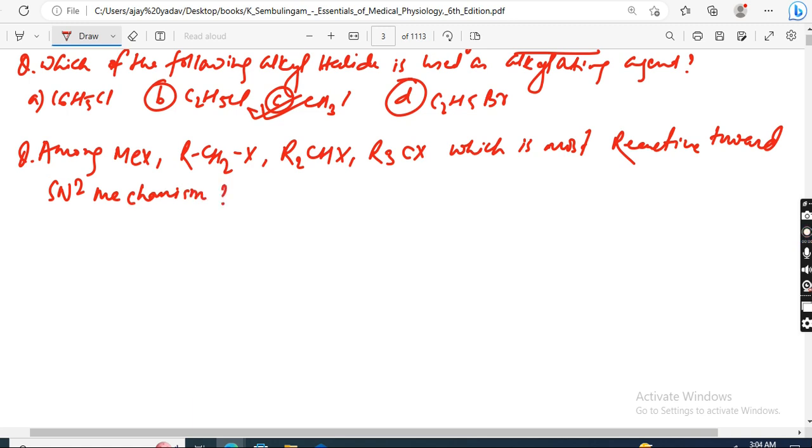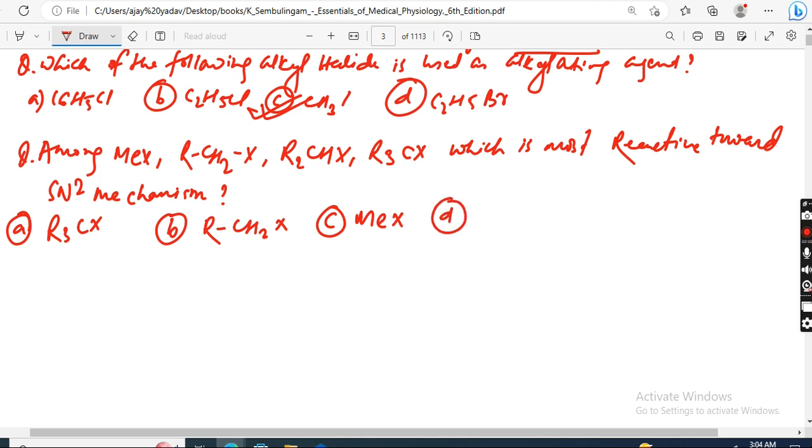Option A is R3CX, B is RCH2X, C is MeX, or D is R2CHX.